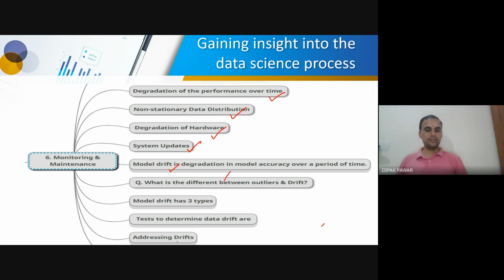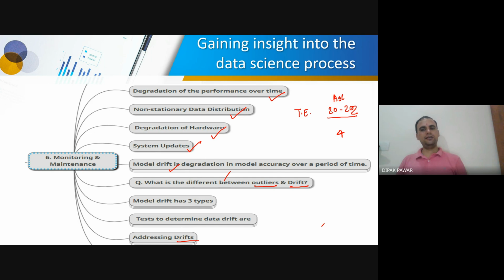Now there is one concept of data drift here. They also mention drift and outlier. In the last lecture I already described outlier. What is the meaning of outlier? Suppose, as you are all in the third year, you all have ages in the range of 20 to 22, right? But suddenly there is one person, say a small child, who has an age of 4.